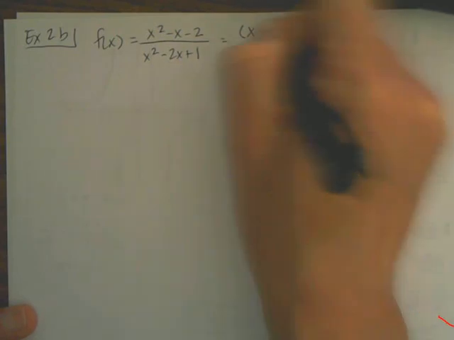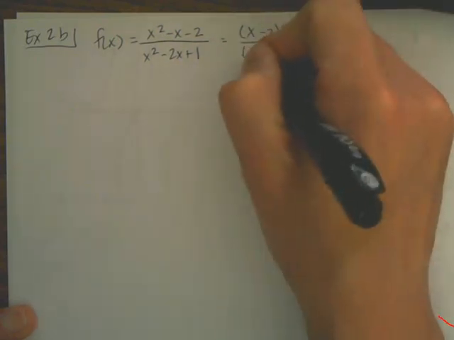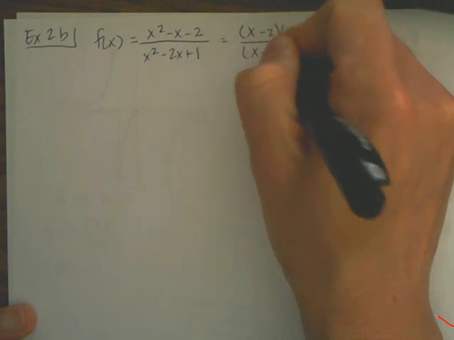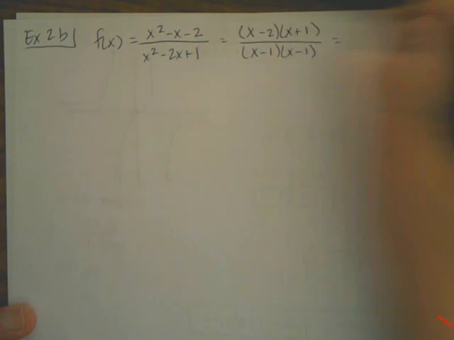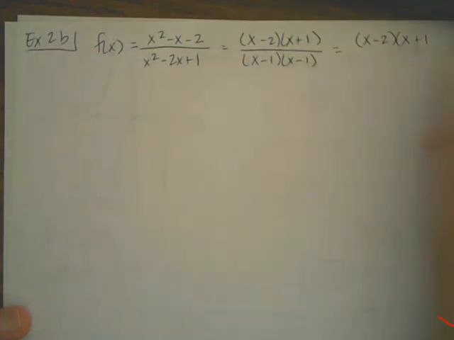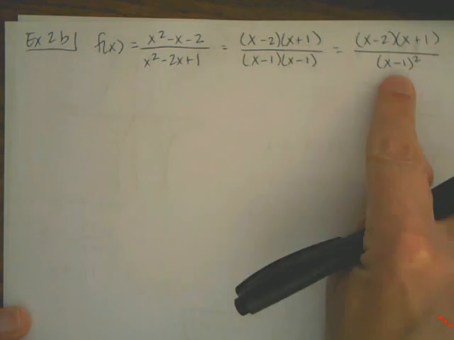The bottom would factor to x minus 1, x minus 1. This is what it's going to look like where your asymptote has a multiplicity of 2. We've got two factors right here, but they're the same factor, so really it's x minus 1 squared. We'll come back to that in a minute.